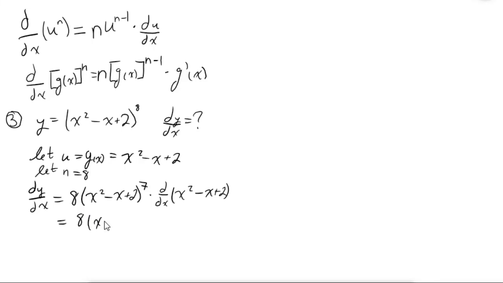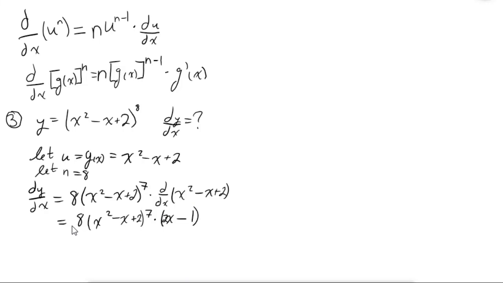So I'll rewrite what I have there. X squared minus x plus 2 to the power of 7. And then I will take the derivative. Well, the derivative of x squared is 2x, not just x, 2 times 1, minus the derivative of x, which is just plain old 1, plus the derivative of 2, which is 0. So I'm left with 2x minus 1.